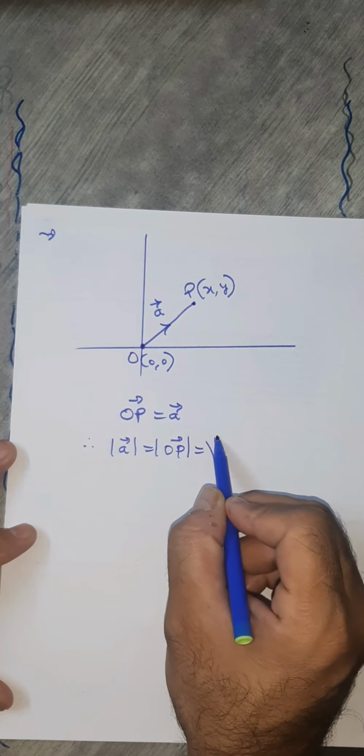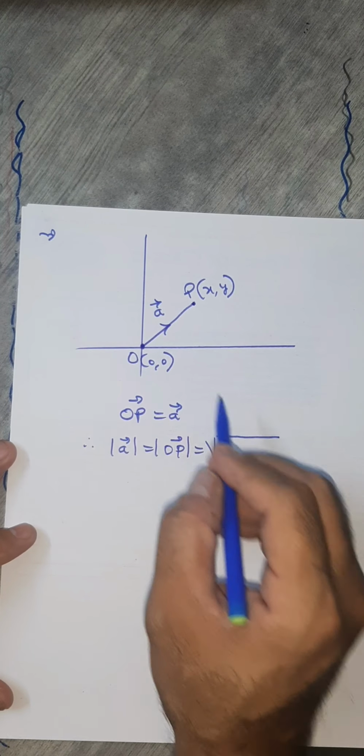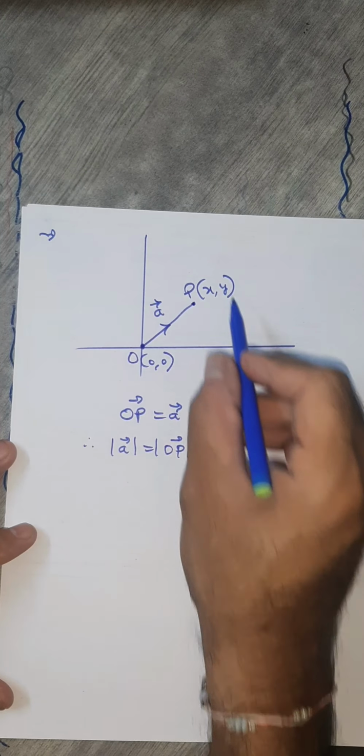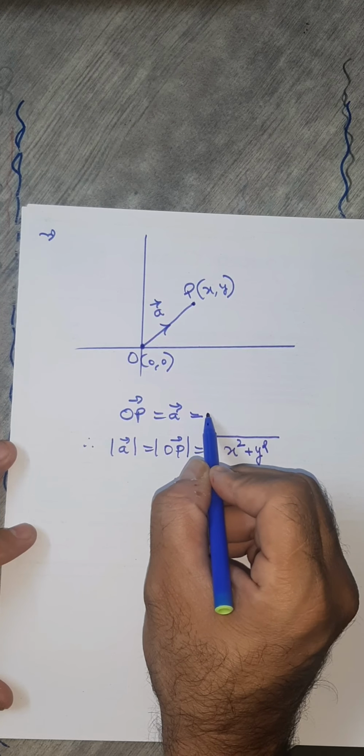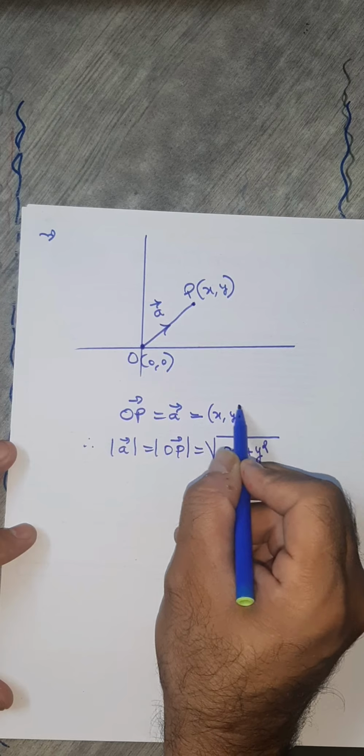So you can write root of x minus 0 the whole square, which is x square plus y square. Here remember position vector is nothing but what? x comma y.